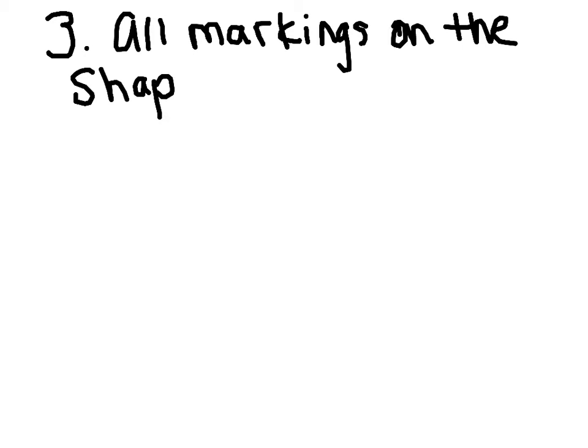In number 3, I'm not going to do number 3 for you on here, but I would suggest that you have all markings on the shapes on your shape sheet.